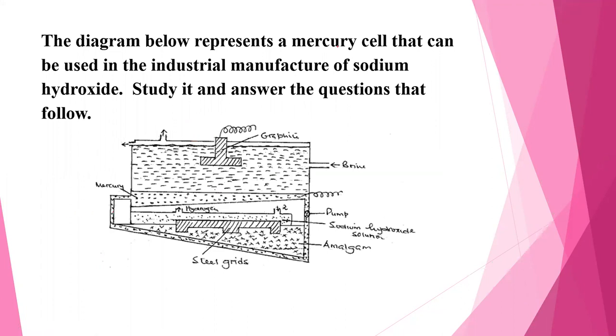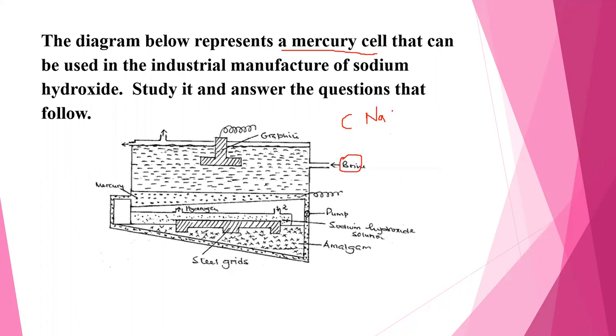What you must understand is that the mercury cell is used to manufacture sodium hydroxide. This is how it works. The raw material used here is brine, and this brine is made up of sodium chloride.